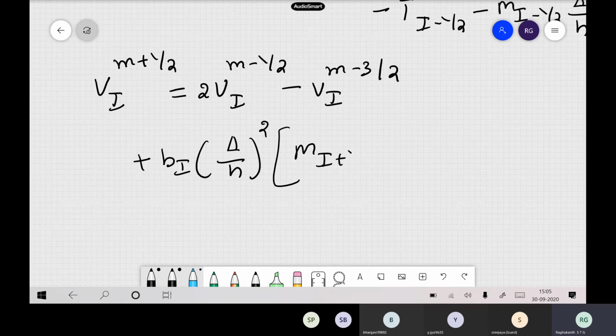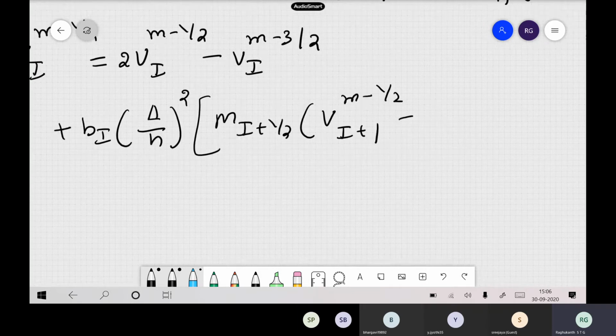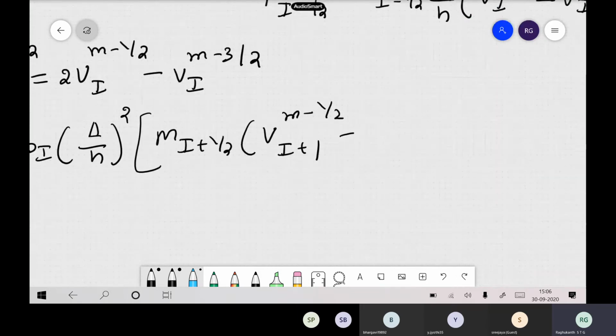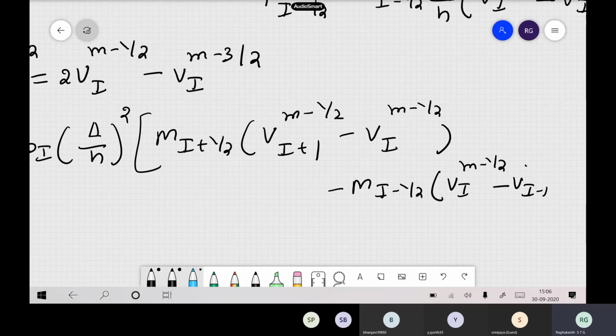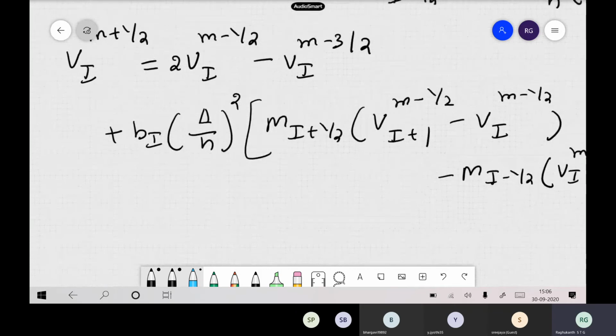So m at i plus half, so V at m plus 1 by 2, i plus 1, minus, you can do some more algebra there. Then you can substitute all those terms. So minus m, so V_i at m minus half. Okay, so you get a final expression like this. You can substitute and do some more algebra here.